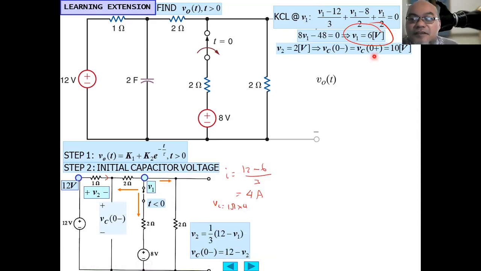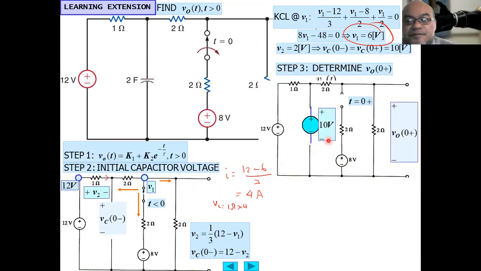Otherwise, we stick to the slide first. So the VC here is this condition. If V2 is 2 volt, then the VC will be 12 volt minus 2 volt, equals 10 volt. So now we determine the V output just after the switch is turned off.